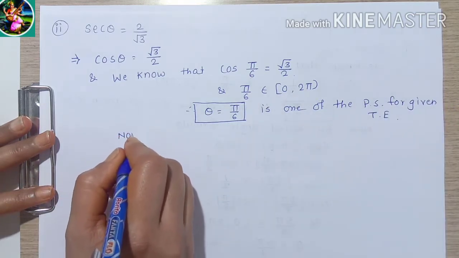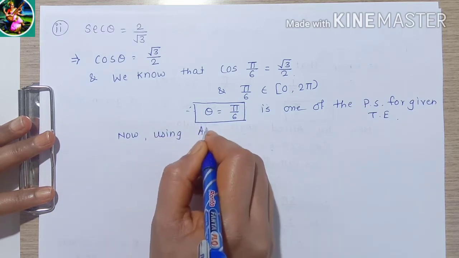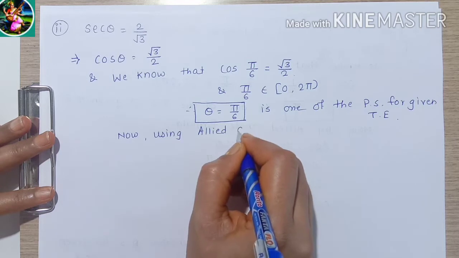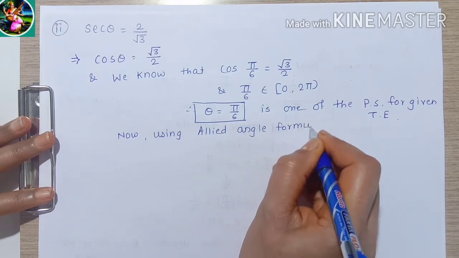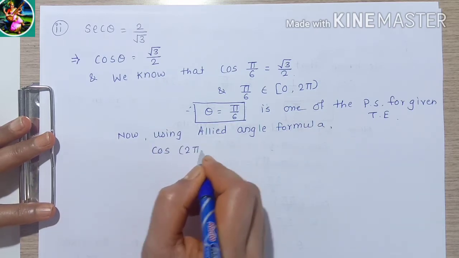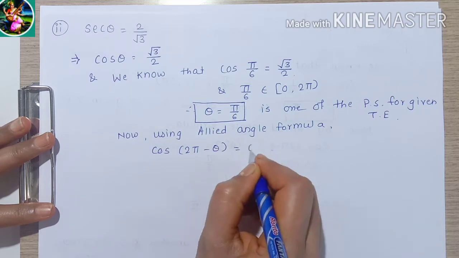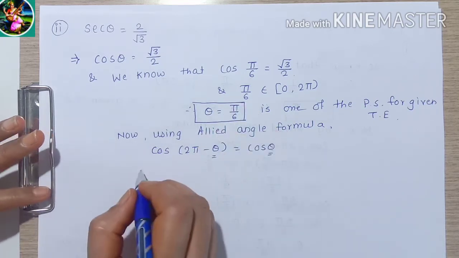Now, by using allied angle formula, cos of 2 pi minus theta is equal to cos theta. Here we replace both the thetas by pi by 6.